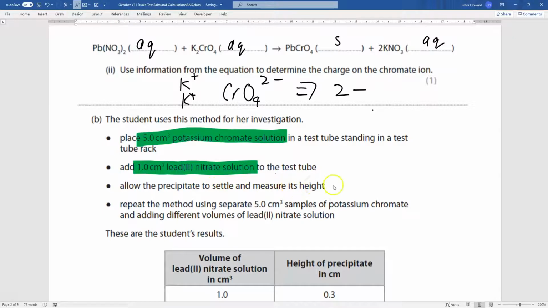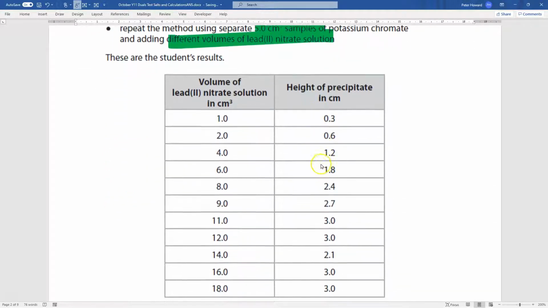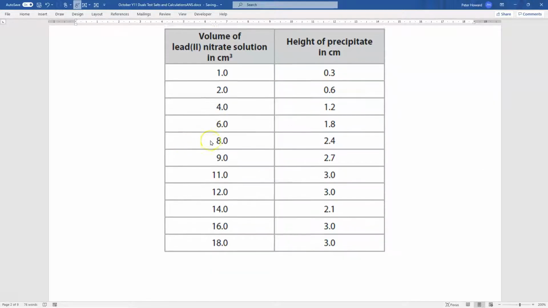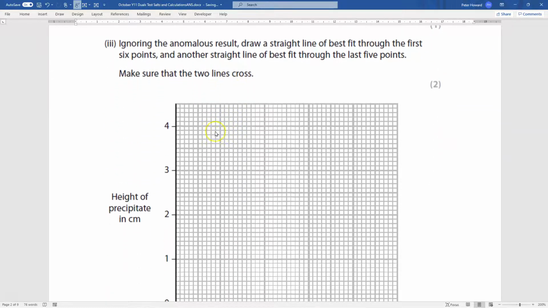That's another indication that a solid is being formed. Repeat using separate samples and different volumes of lead nitrate. So we've got some results here, and what we need to do is plot those and see what we get. There's also going to be an anomalous result.